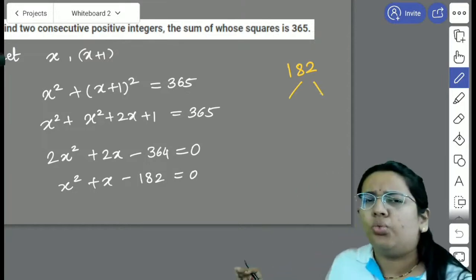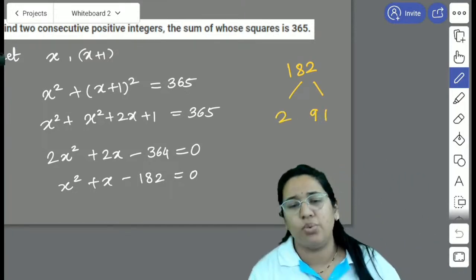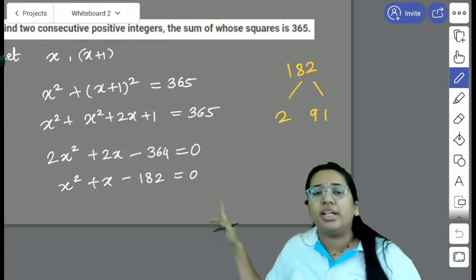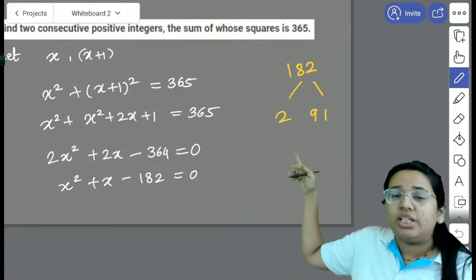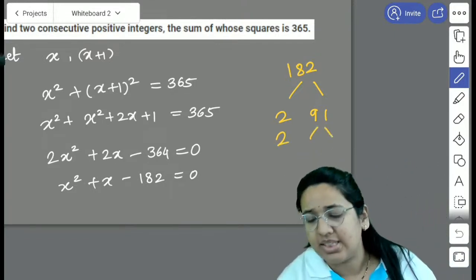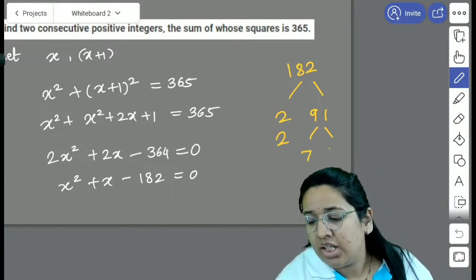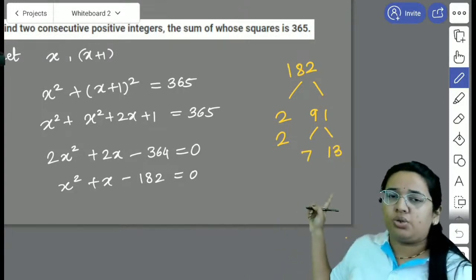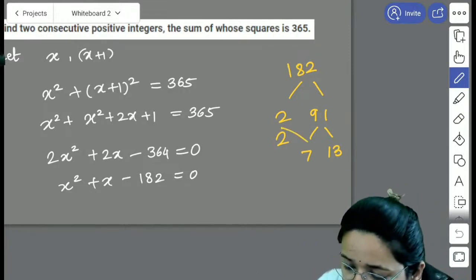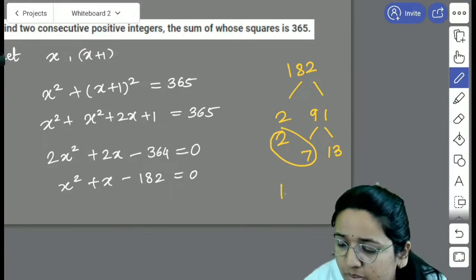I know that 182 can be written as 2 into 91, right? Now again check that 91 can be written as 13 into 7. So 2 into 7 will be 14, and this will be 13.